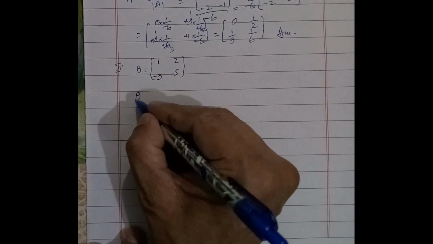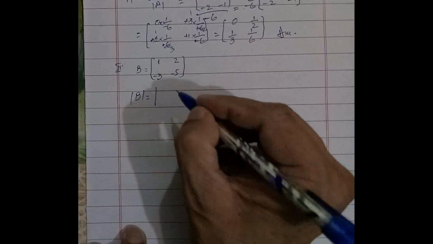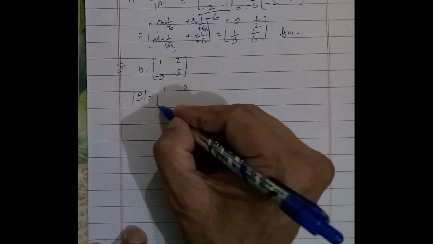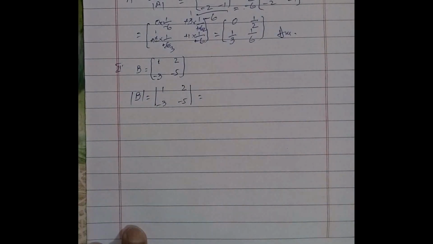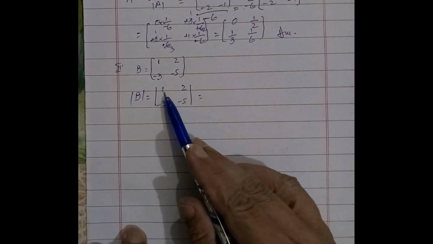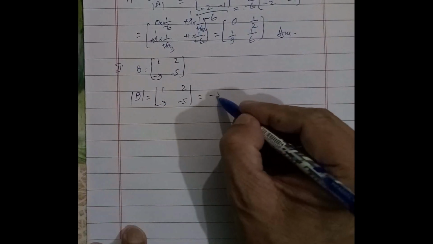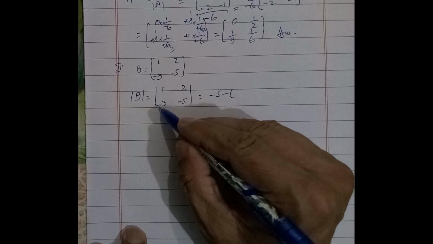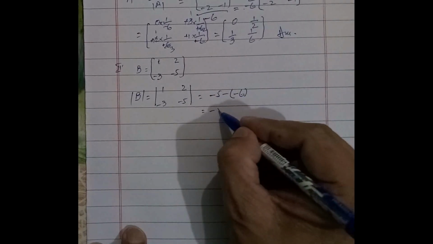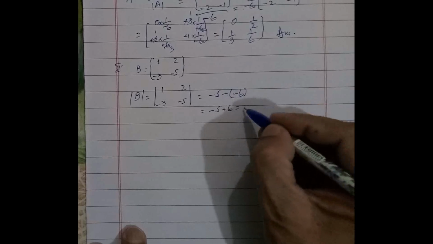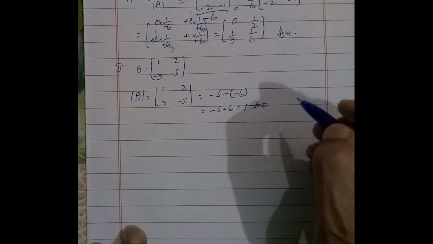So B determinant is equal to the determinant of 1, 2, minus 3, minus 5. Now solve it. 1 multiplied by minus 5 is equal to minus 5, minus 3 multiplied by 2 is equal to minus 6. Simplify it. Minus 5 plus 6 is equal to 1, which is not equal to 0.